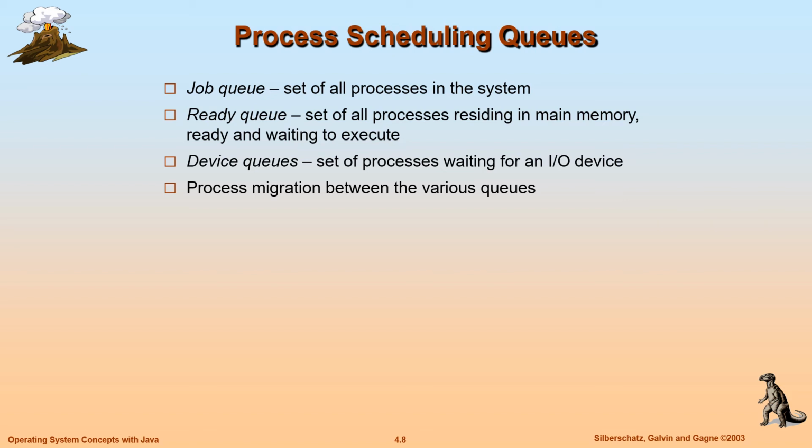This continues until the process completes its job and terminates. As soon as the process terminates, its process control block is also deallocated. Until then, the process should be in one of these queues.